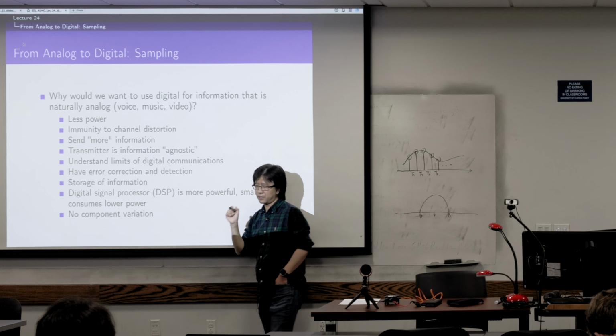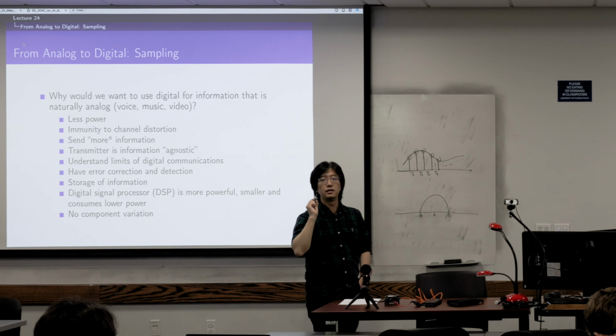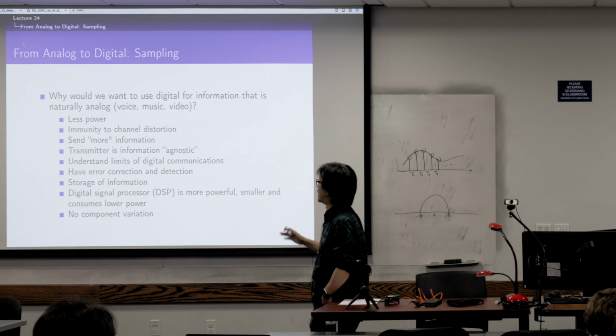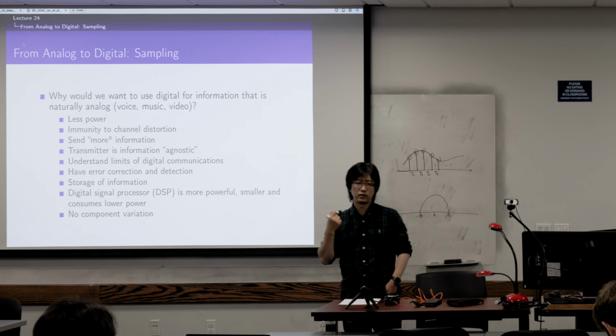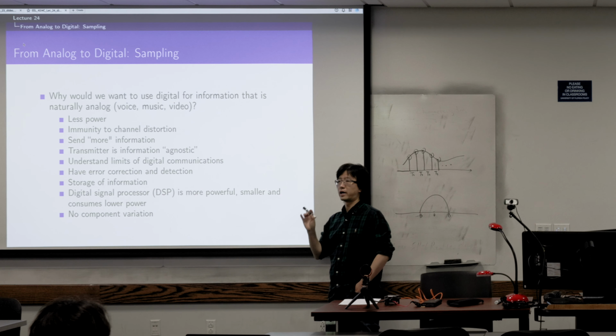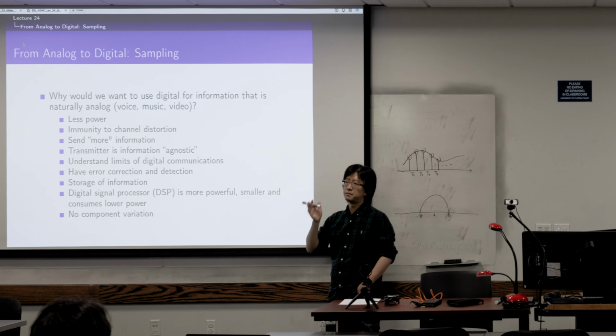And so this part is related to sending more information. In this way, it gives us a chance to understand the fundamental limits of digital communication. I briefly mentioned that in our very first lecture, thanks to Claude Shannon, right? If we consider digital communication, it is possible to characterize how many bits we can transmit per second.